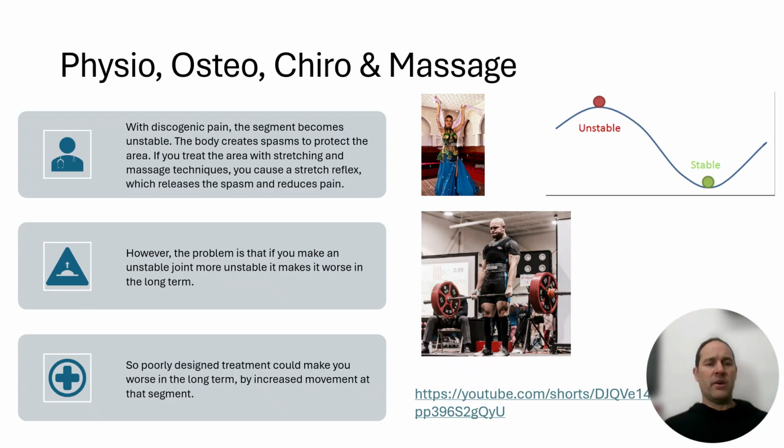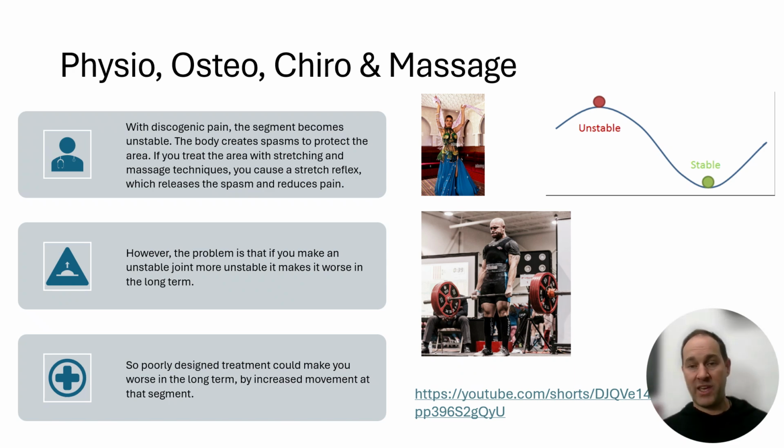So, we've said this already. In discogenic pain, the segments become unstable. The body creates spasm to protect the area. If you treat the area with stretching, massage techniques, etc., and induce a stretch reflex, it does relieve the spasm and it does reduce pain. There is no argument about that. However, once again, if the joint is unstable, in the long term, you are making it more unstable.